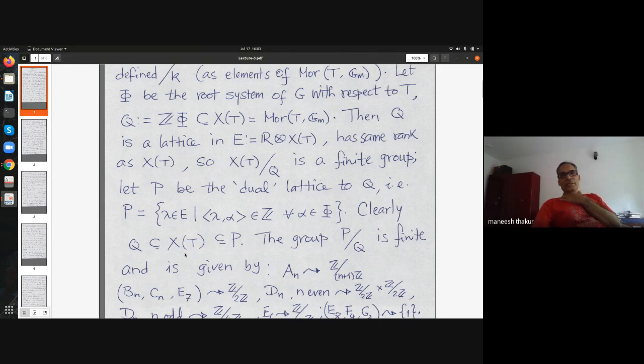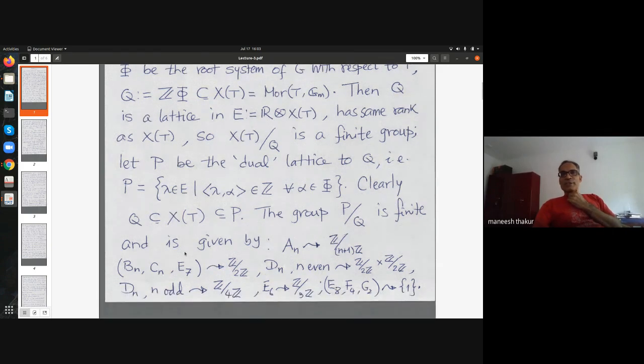So this typically corresponds to the character group of the maximal split torus. So let's look at this quotient P by Q, that controls the number of such groups for a given type.